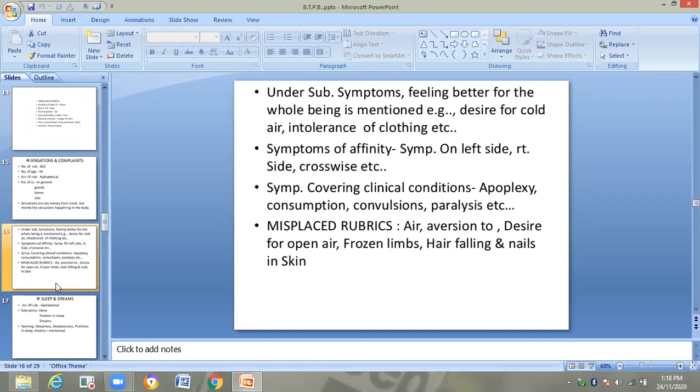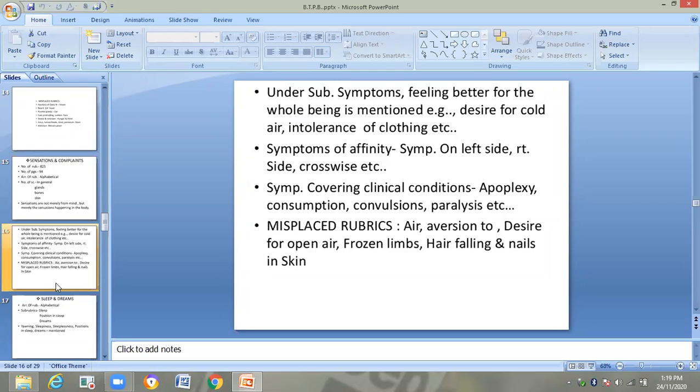In this way, under subjective symptoms, feelings related to the whole person were given. Symptoms of affinity, symptoms on left side, right side, crosswise are given in this section, sensation and complaints. Then symptoms covering clinical conditions, that is apoplexy, consumption, convulsions, paralysis, are also given in this section.